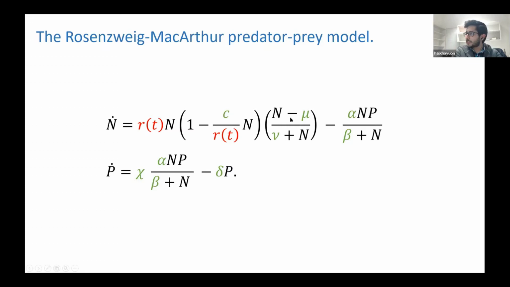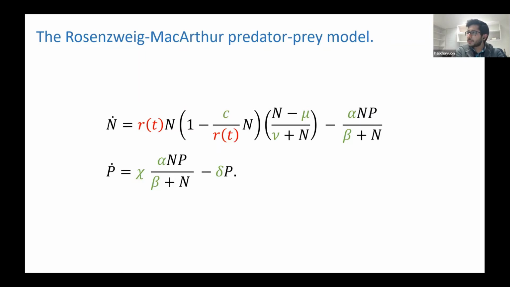We also added this term here to give rise to an Allee effect. So whenever you have a low density of prey, that would mean that it's going to go extinct. The predator equation consists of the functional response itself and the mortality rate of the predator.